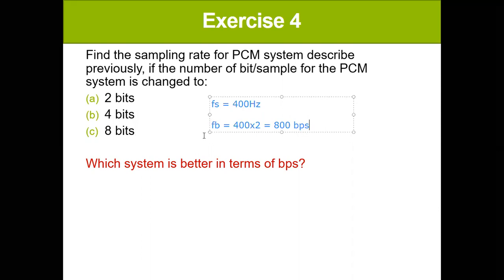So if the number of bits is more, the bit rate will be higher. The number of levels will also be more, so accuracy will also be more, but complication will rise a little bit. If we can tolerate that, we had better go for a higher bit rate.